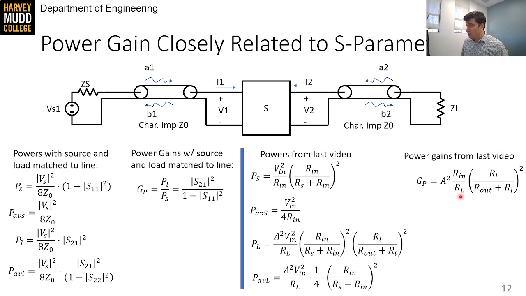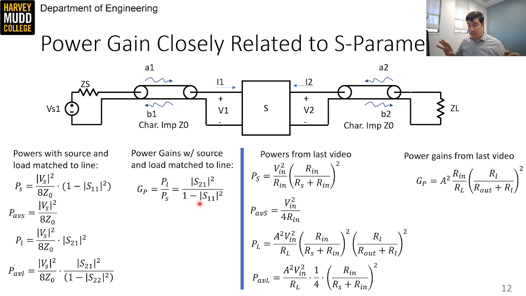We saw that over here because there was no input matching term in our DC expression for GP. We see that here because we boost out the effect of our S11 mismatch. By having this 1 minus S11 squared term in the denominator, we are canceling out whatever power loss we get from a poor match to the line.